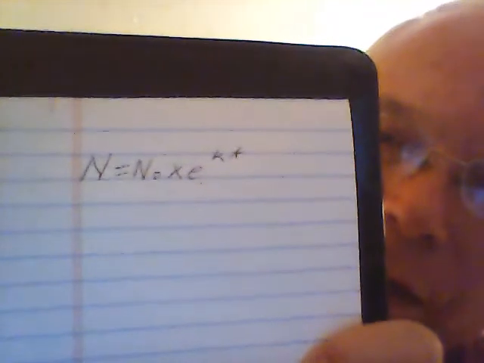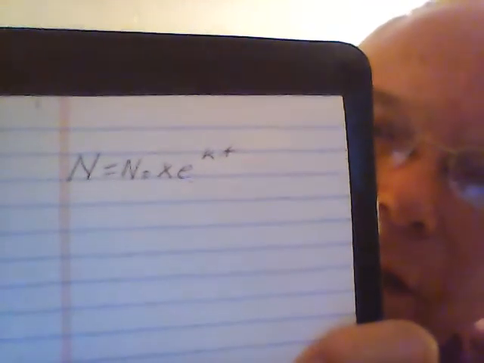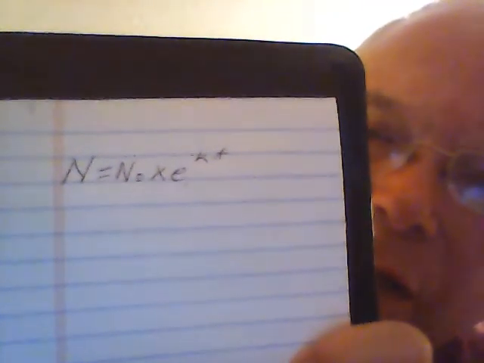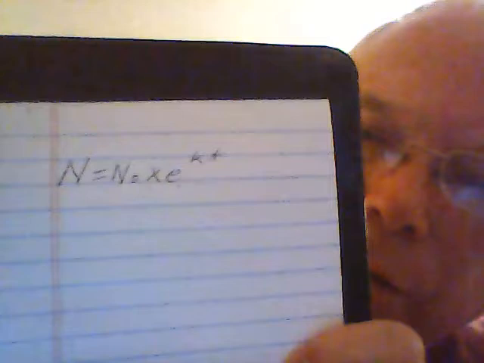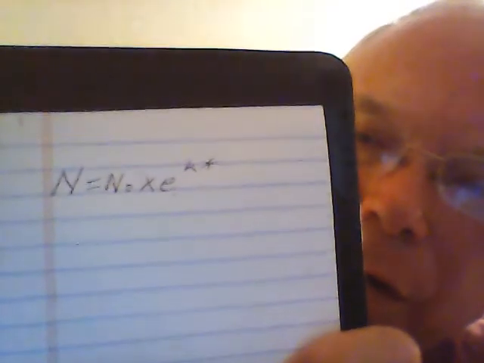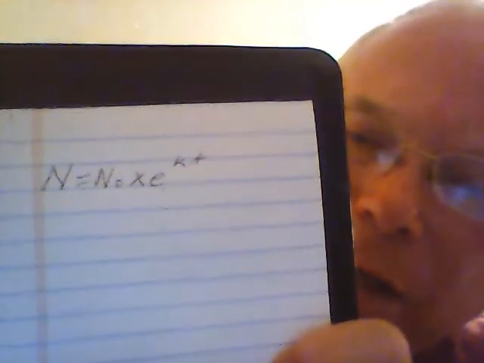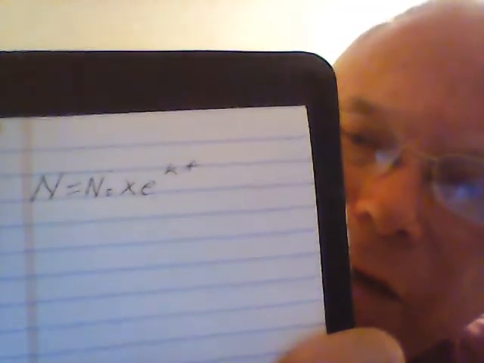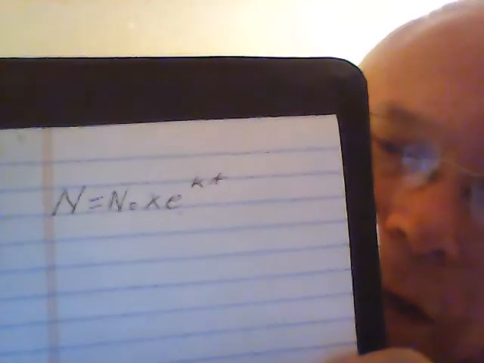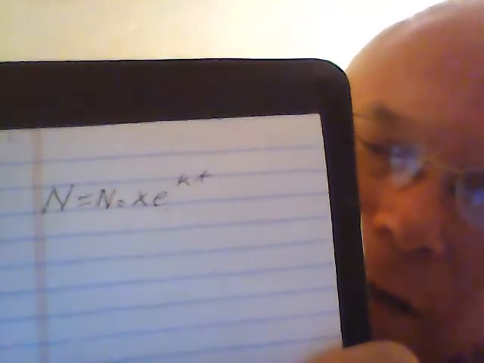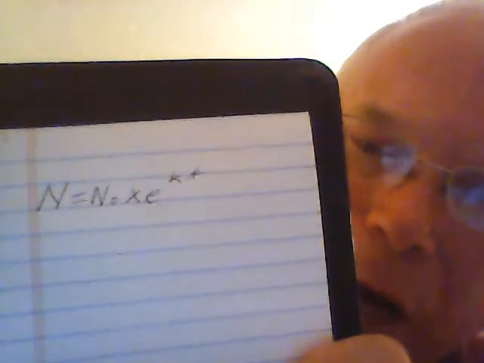It's equal to N sub 0 times E, the natural number, raised to the KT. N equals N sub 0 times E to the KT. I'm going to write out what each one of those means.